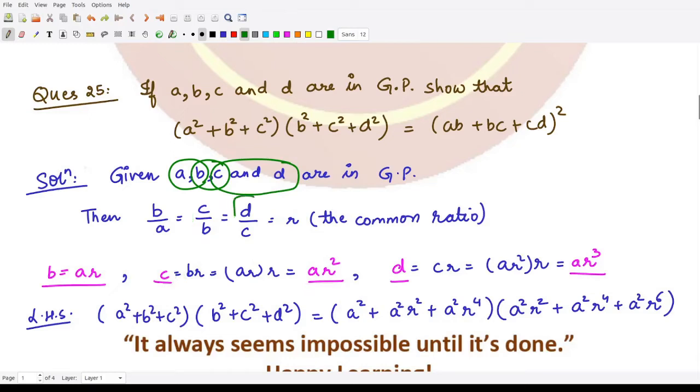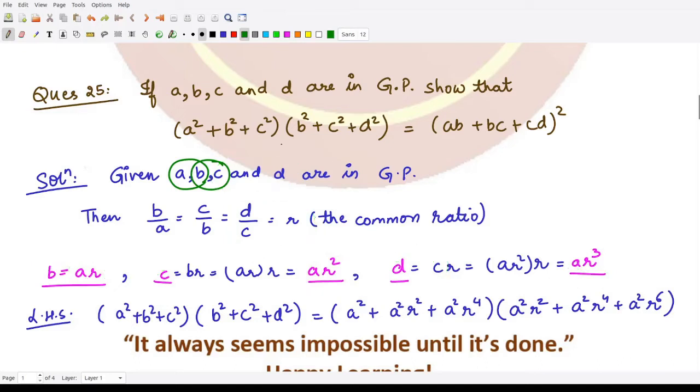Now taking these two terms of this equality, we have the value of D as C multiplied with R. Now the value of C, if you see from here, is AR square. So substituting it here, the value of D becomes AR cube. Now we have the value of all three, B, C and D, in terms of A and R. We can very easily solve our question, correct?